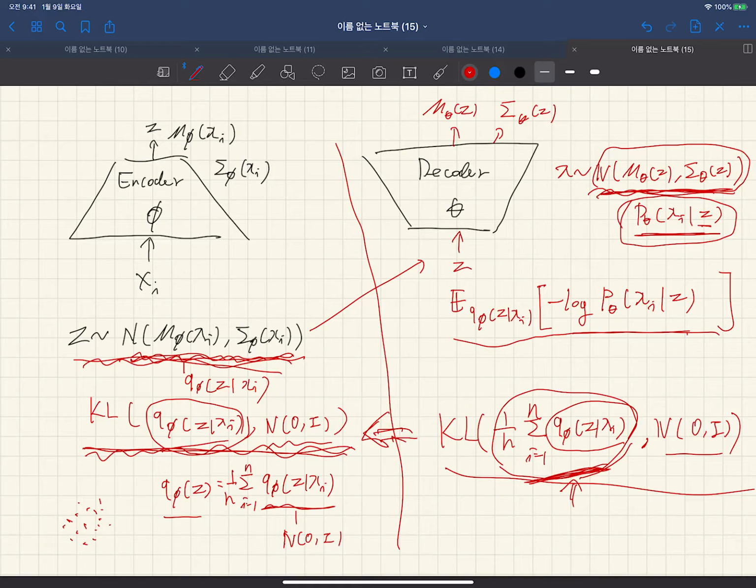Right. But actually, although the cost function is KL divergence between q_φ(z|x_i) and normal distribution, zero mean and unit variance, q_φ(z|x_i) does not converge to the zero mean and unit variance normal distribution, because our cost or loss is a combination of encoder loss function and decoder loss function.